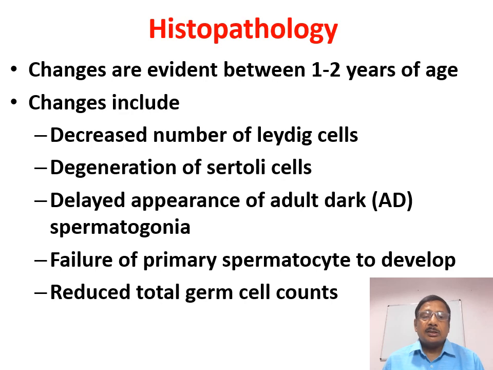From germ cells, through various stages, primary spermatocyte, secondary spermatocyte, spermatids, and mature spermatozoa. There are so many stages. When the testis is undescended, it is close to the body because of the increased temperature, because of the loss of Leydig cells. They have a reduced total germ cell count.